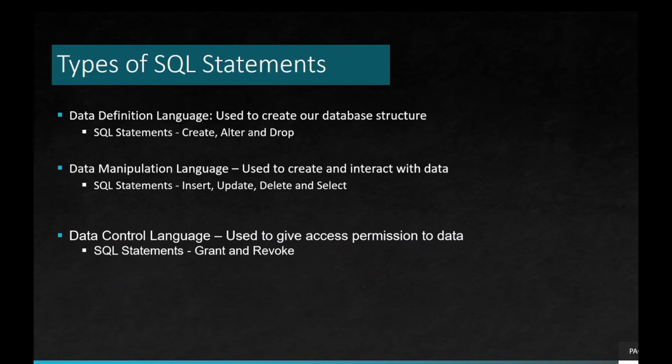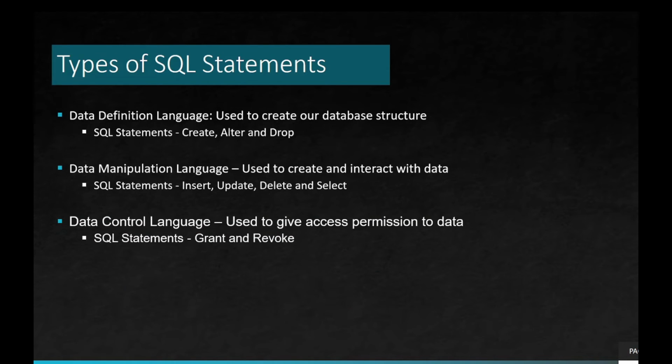And last but not least, you have the data control language, typically referred to as DCL commands. These are related to managing permissions across your database. So this is typically your grant and revoke statements. These are the core of database design and implementation. Without these, you can't even create a database.